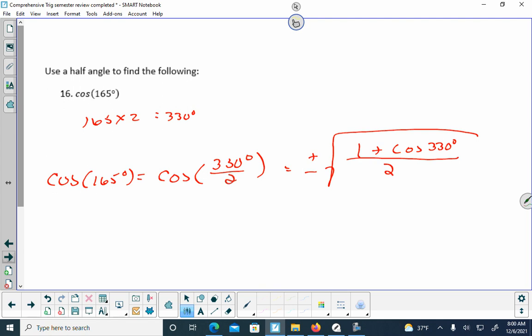So the cosine of 165 is in the second quadrant, which is going to make this answer negative. And then the cosine of 330 is the square root of 3 over 2. So we are going to have the square root of 1 plus the square root of 3 over 2, all over 2.